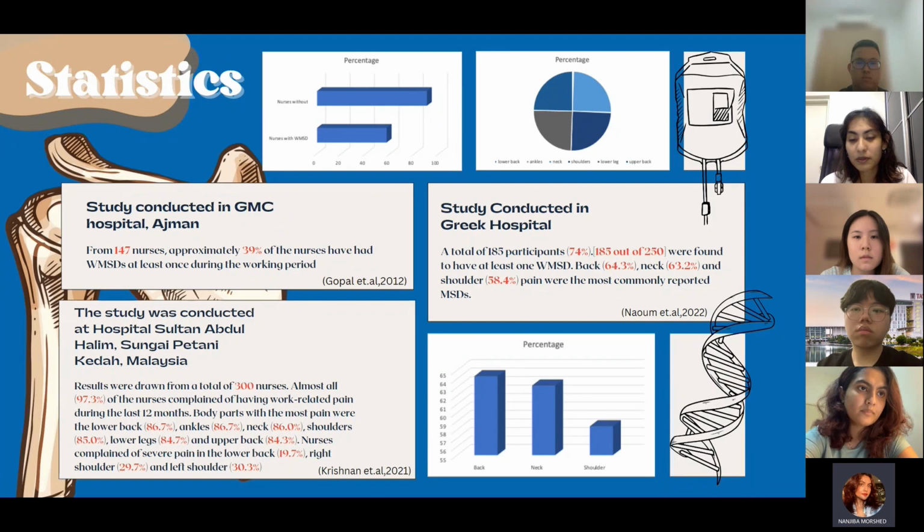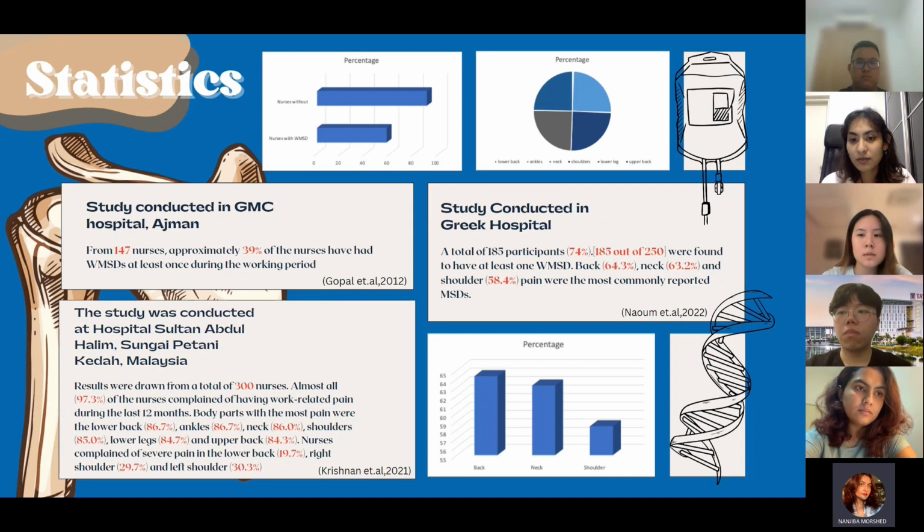Back 64.3%, neck 63.2%, and shoulders 58.4% pain were the most commonly reported WMSDs. Last but not least, our home country Malaysia, where it was conducted at Hospital Sultan Abdul Halim, Sungai Petani, Kedah. Results were drawn from a total of 300 nurses.